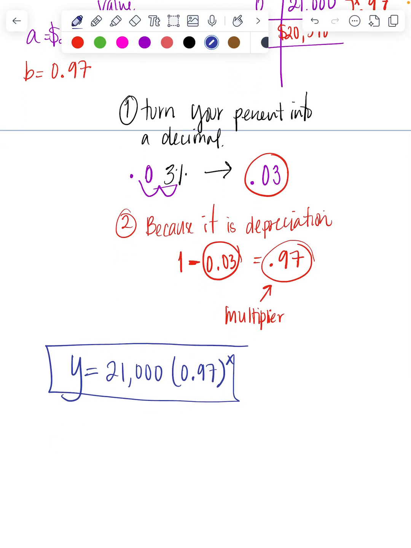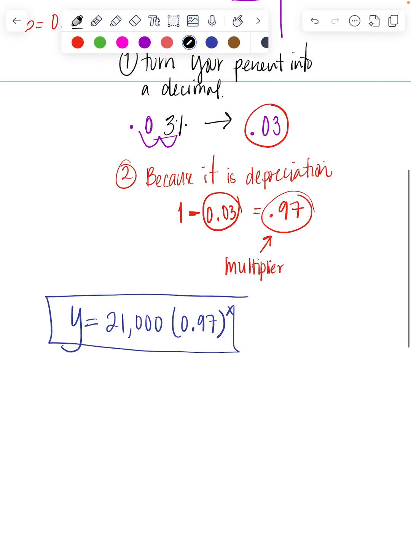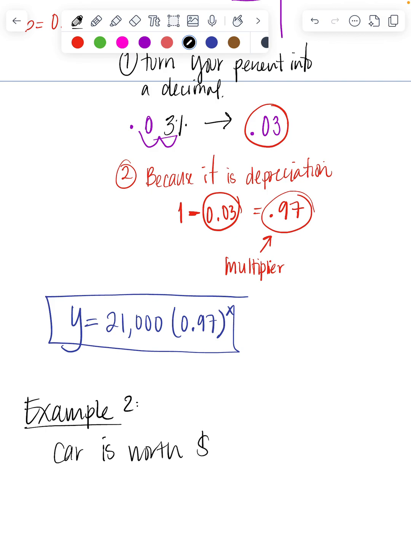But what if it's appreciating? Let's pretend we have the same starting value, but this time our car is appreciating by 3%.